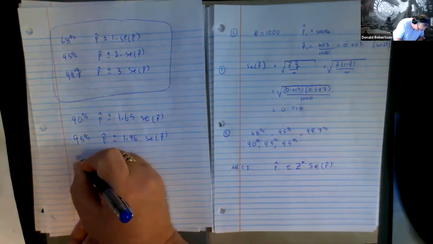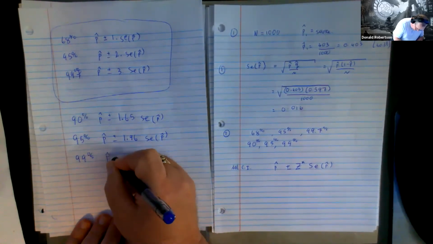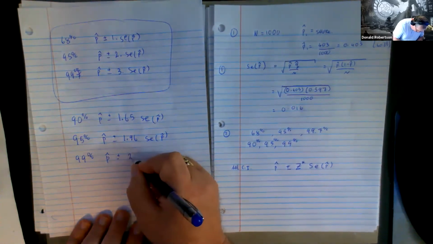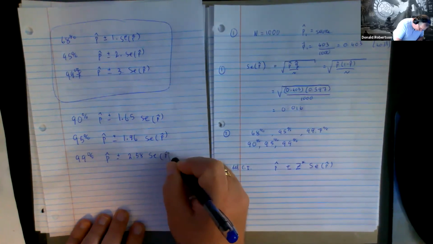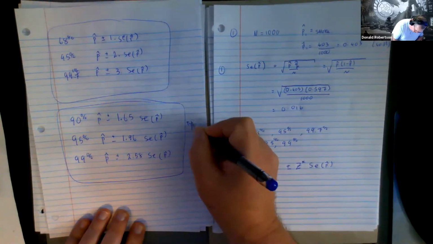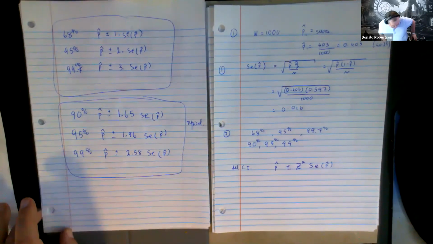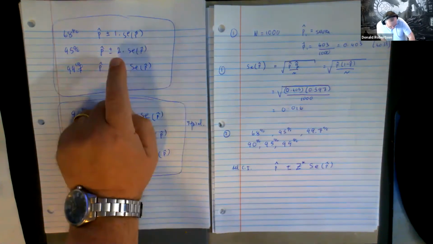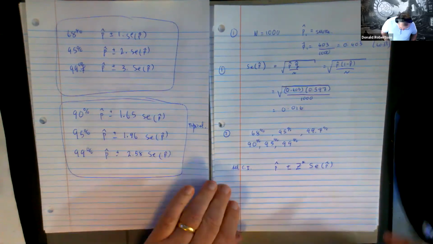And then you have a 99%, which isn't quite the same as 99.7, and it's 2.58. And these ones are actually the typical ones that you will see used in medical reports, scientific reports, and so on. These are kind of just warm-up values, but these are the real guys, right? The guys that typically get used.